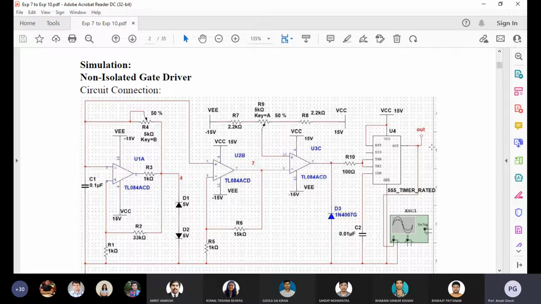What do I mean by eligible? Suppose the control signal, the error signal, is large. Error signal is large means there is a big difference between your actual voltage and reference voltage. Then the error will be more.